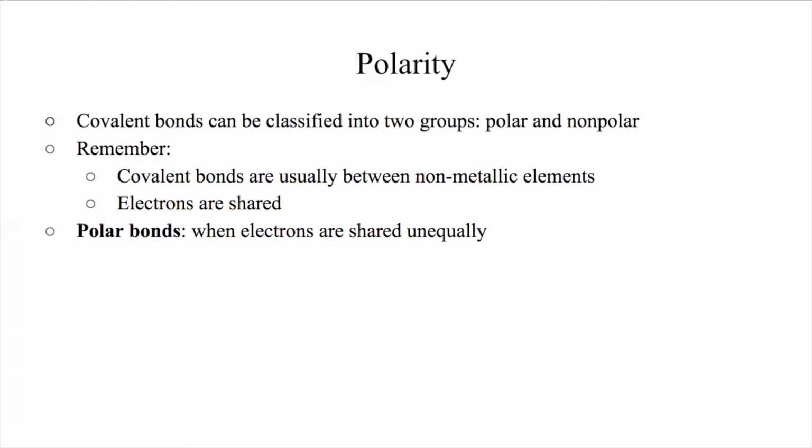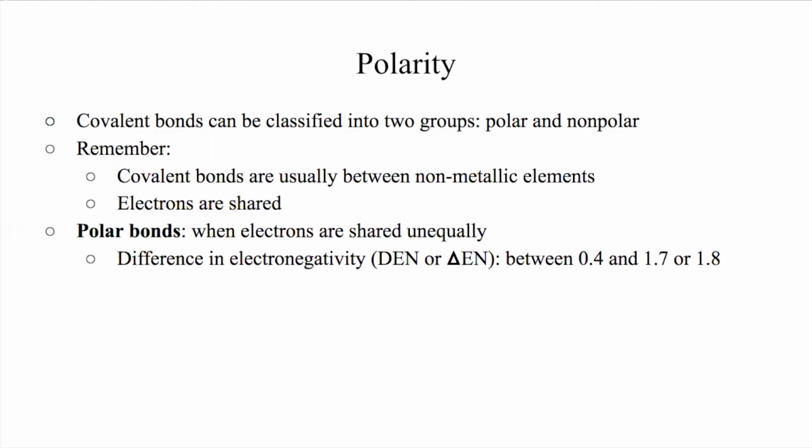These types of bonds are called polar bonds. They occur when there is a difference in electronegativity, sometimes represented as ΔEN or delta EN, between 0.4 and about 1.7 or 1.8. For example, an O-H bond is polar, since the electronegativity difference is 1.4.